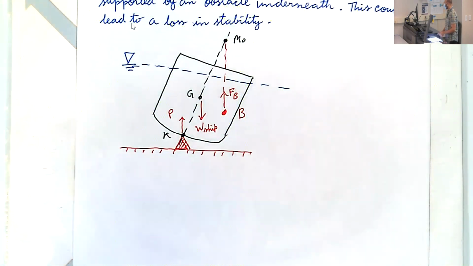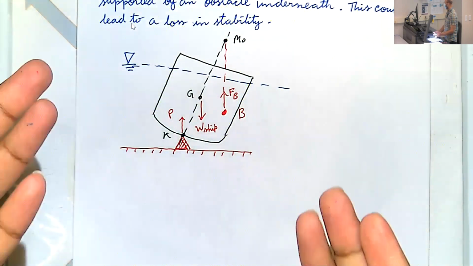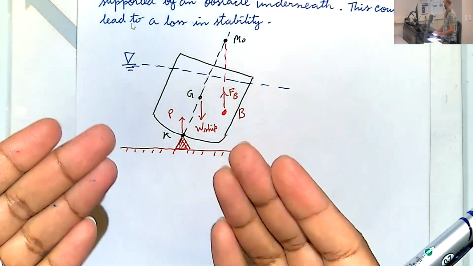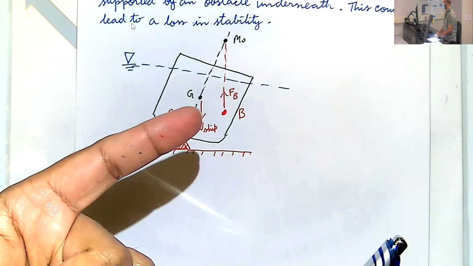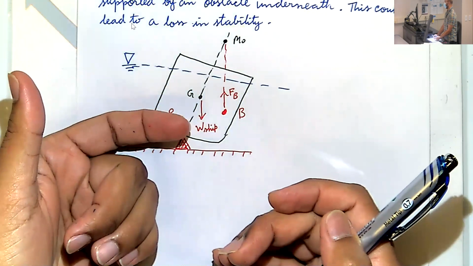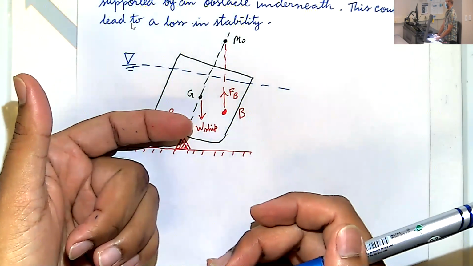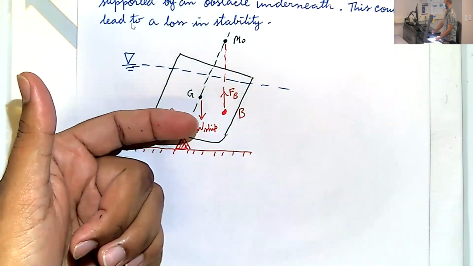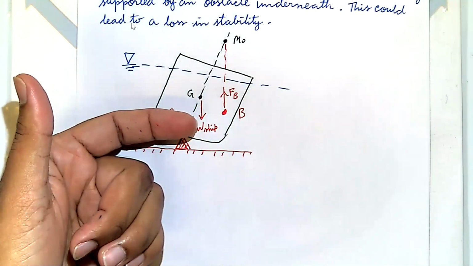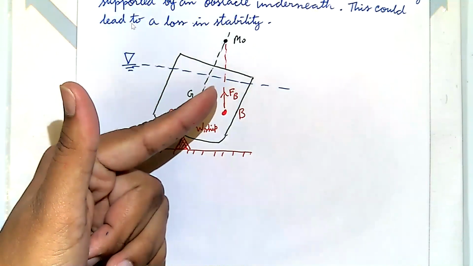In this case, think about what happens. In a freely floating case, your ship floats because the weight of the ship is balanced by whom? The buoyant force.